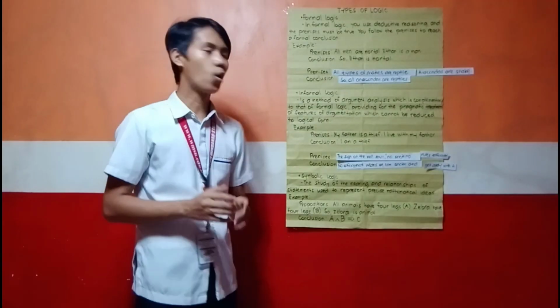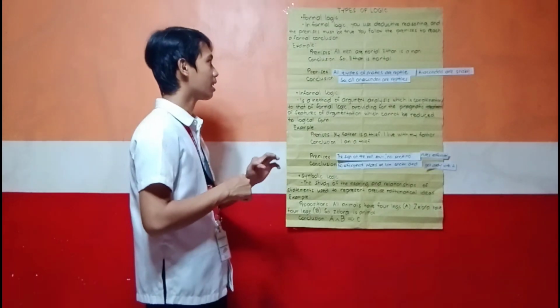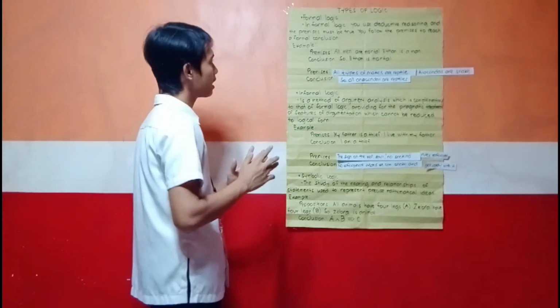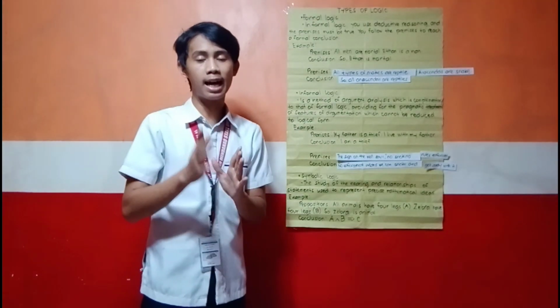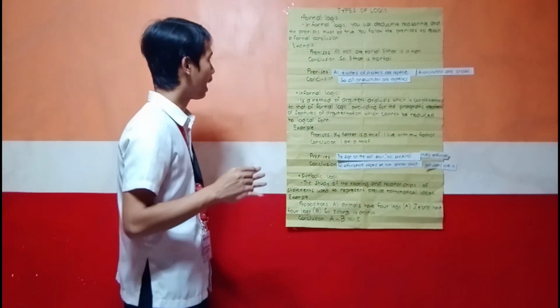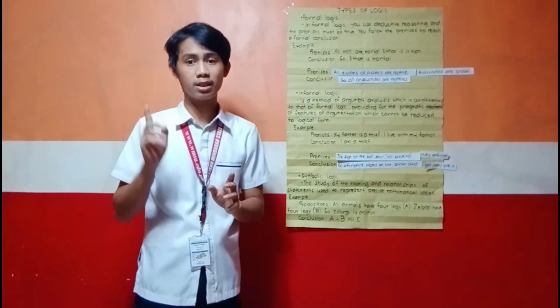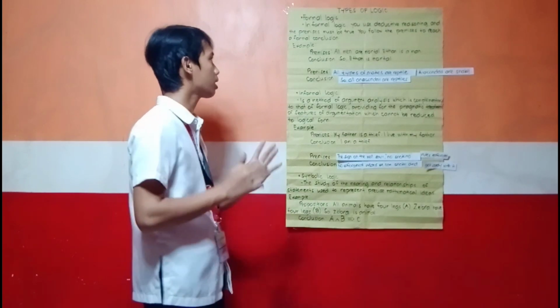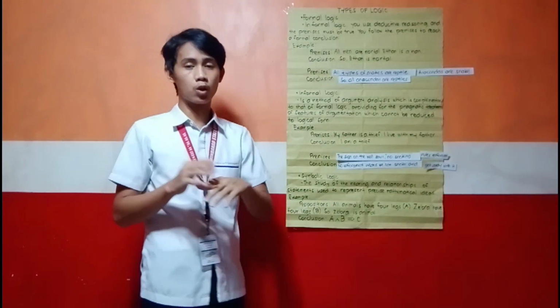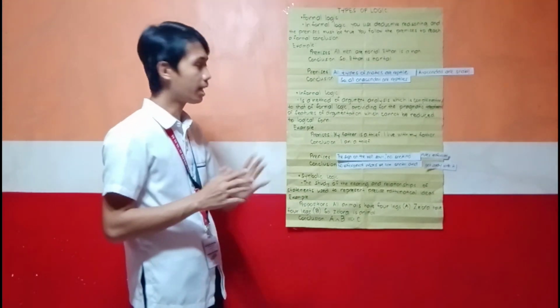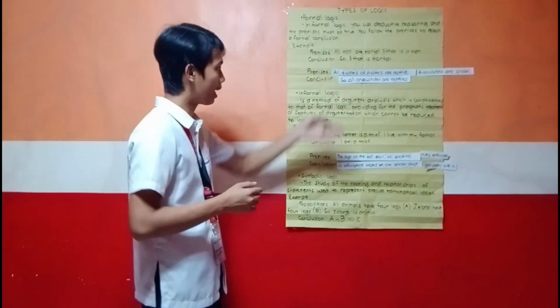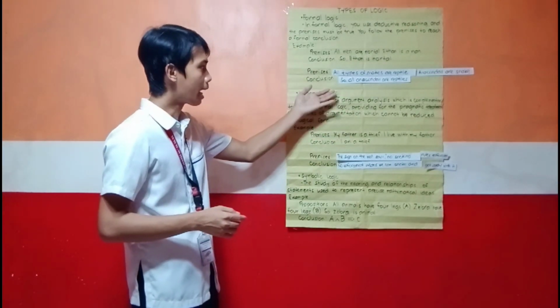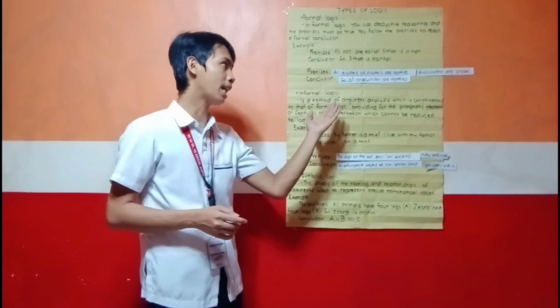To understand more, in formal logic, you use deductive reasoning, and the premises must be true, and you follow the premises to reach a formal conclusion. As I said a while ago, an example: all types of snakes are reptiles.